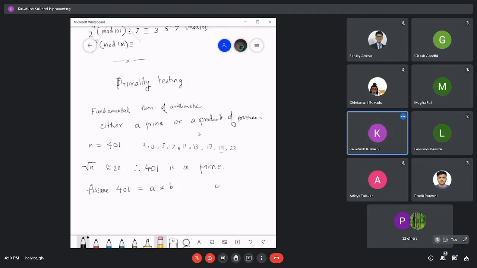Either A will be greater than B, or A will be equal to B, or A will be less than B. These are the only three possibilities that are there, right?